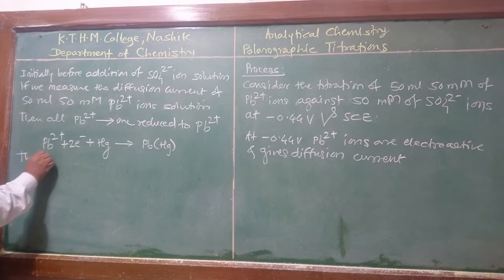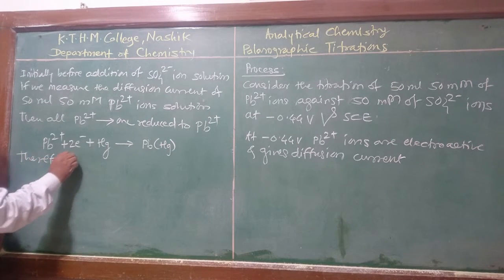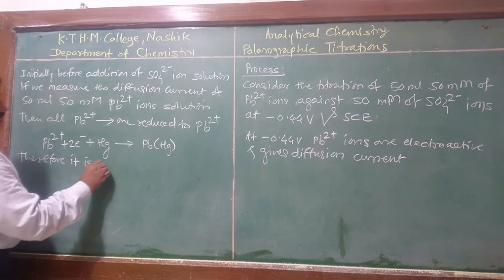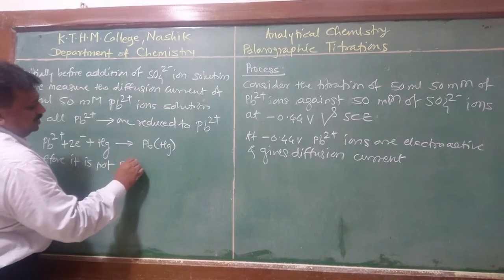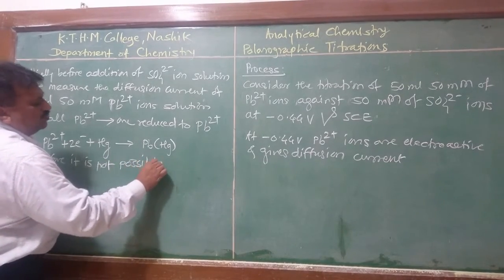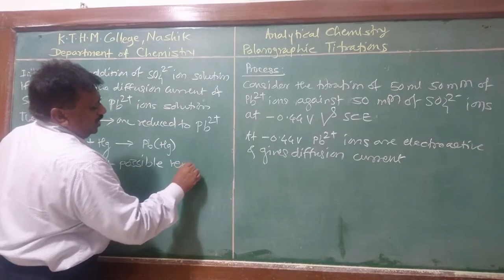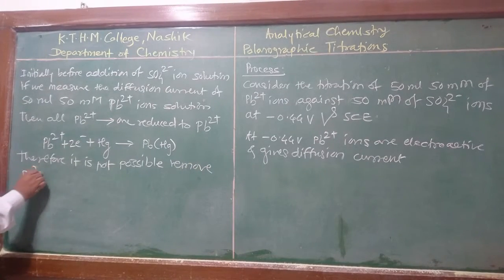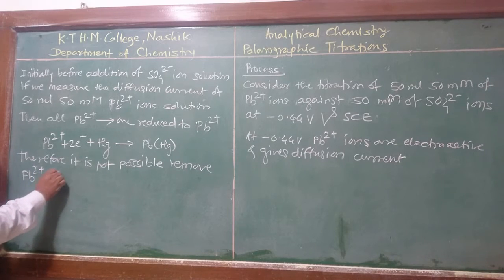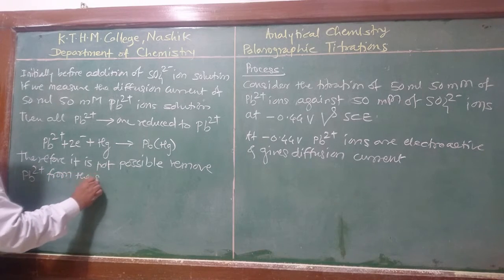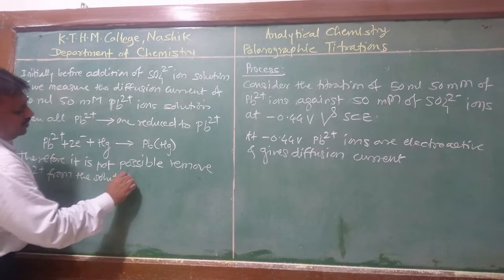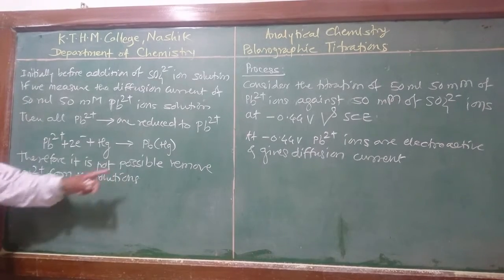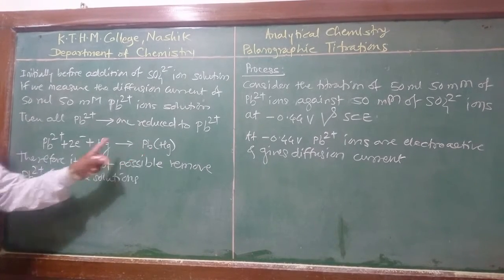Therefore, it is not possible to remove Pb2 plus ions from the solution, because all Pb2 plus ions get converted to lead amalgam.